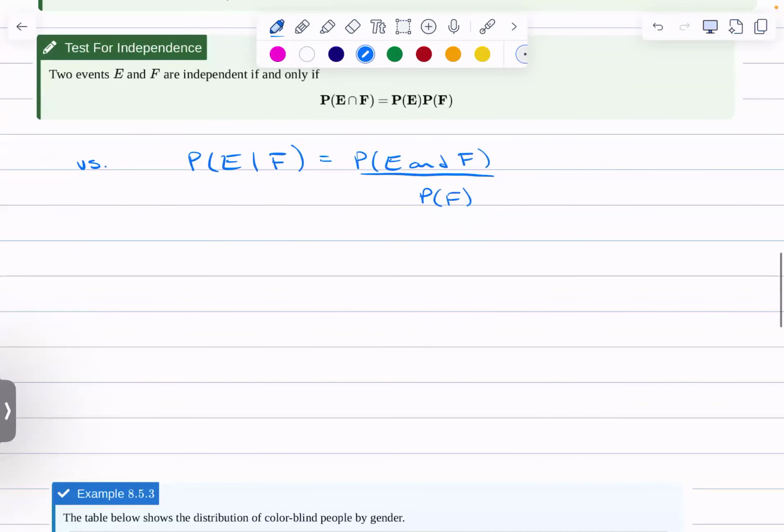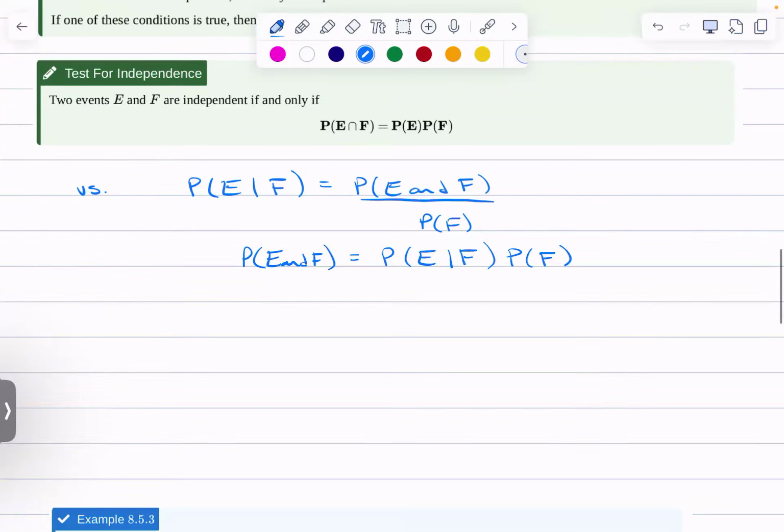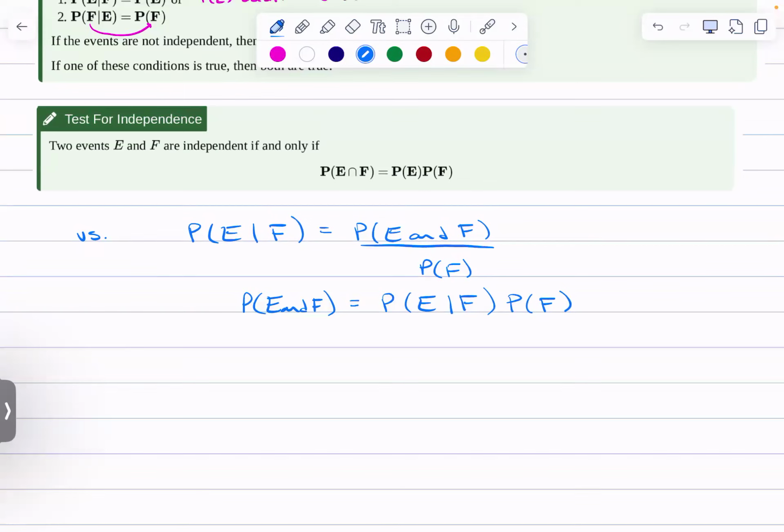And so then I have the probability of E and F is the probability of E given F times the probability of F.